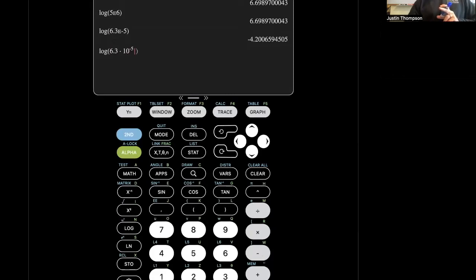I used this negative key down here. I hit the right arrow to get me out of the exponent, and now I'm going to hit close parentheses. And I get -4.2, and we're just going to leave it at 4.2 when we go back to the board here, -4.2. So I'm going to stop sharing now.